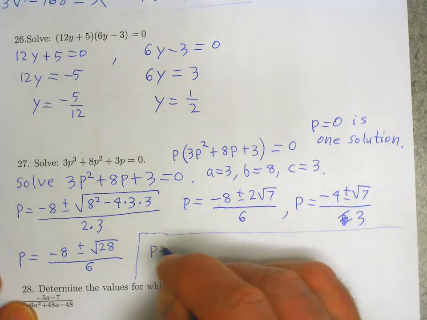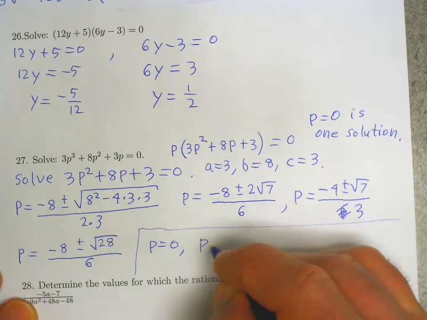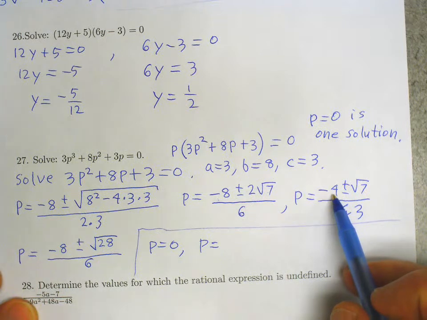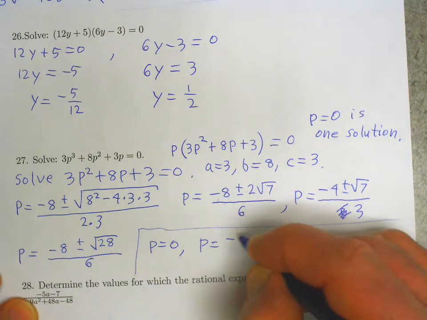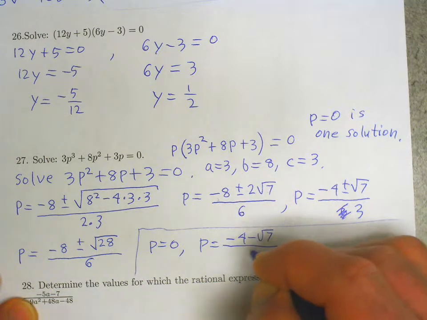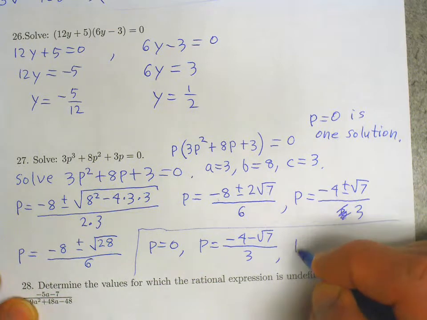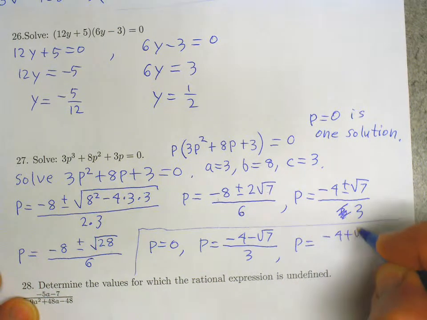We already observed that P equals 0 is a solution. And then the solution that we get here by subtracting is negative 4 minus the square root of 7 divided by 3. And the other one is P equals negative 4 plus the square root of 7, all divided by 3.